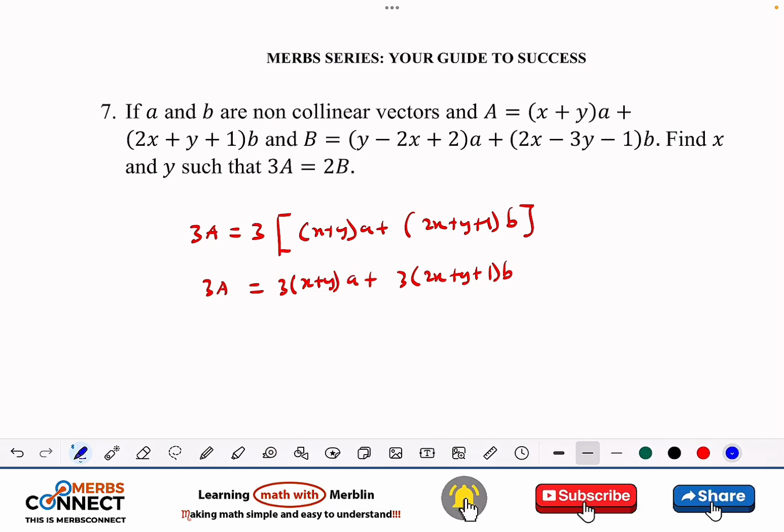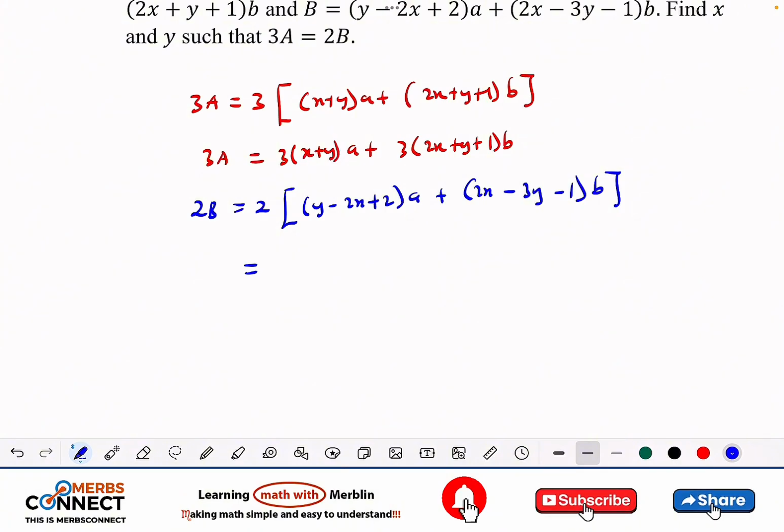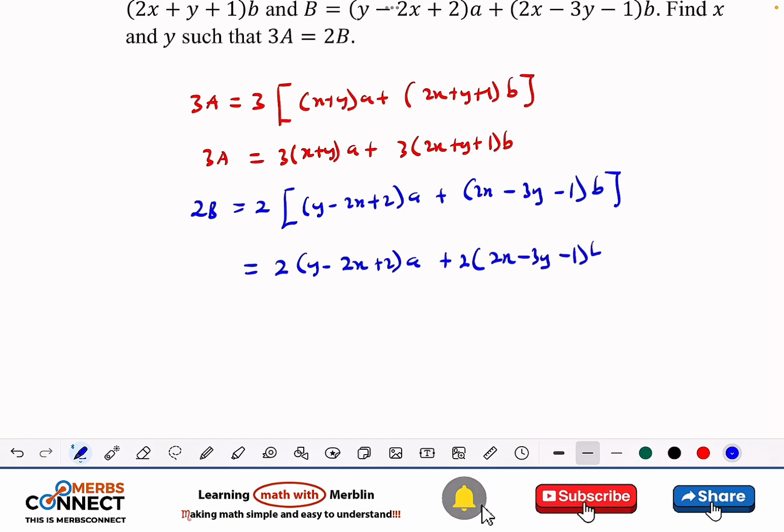Let's look at 2b. 2b will be y minus 2x plus 2 a plus 2x minus 3y minus 1 b. So multiply, you have this: y minus 2x plus 2 a plus 2x minus 3y minus 1 b.